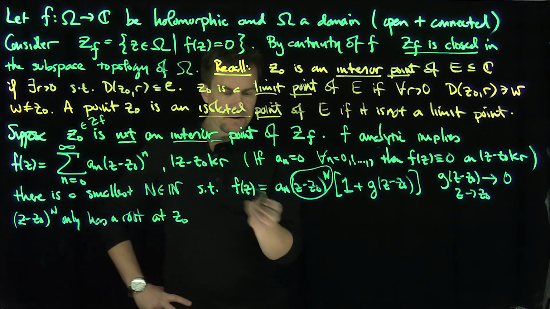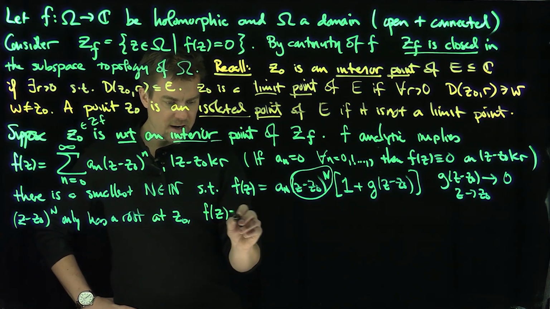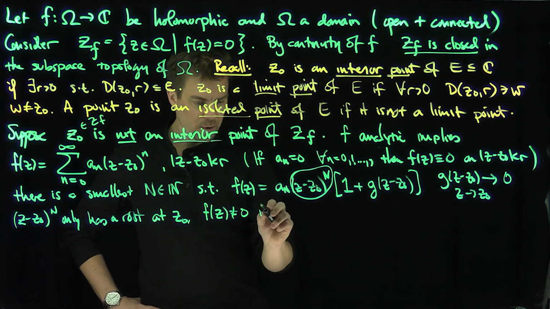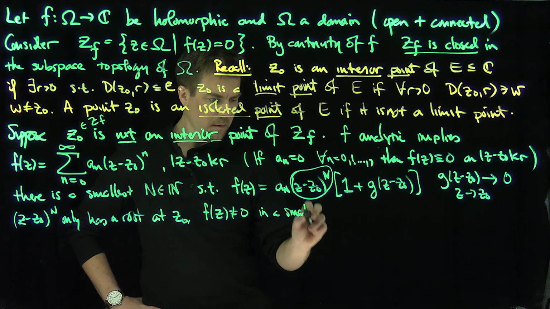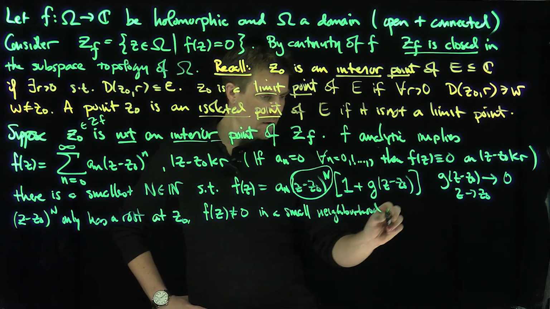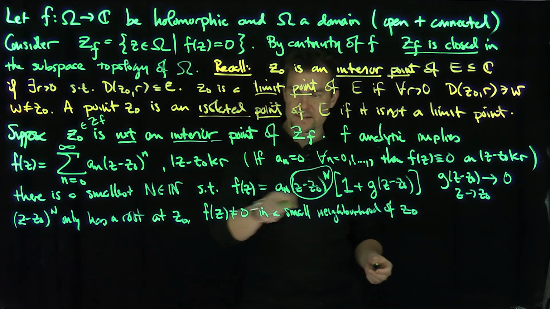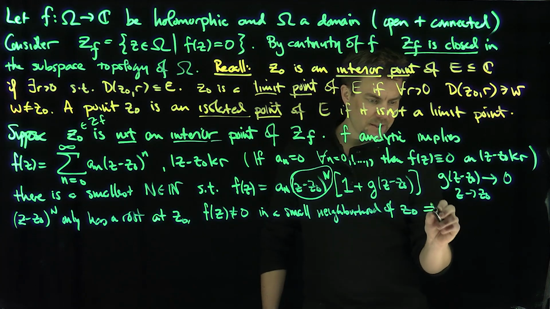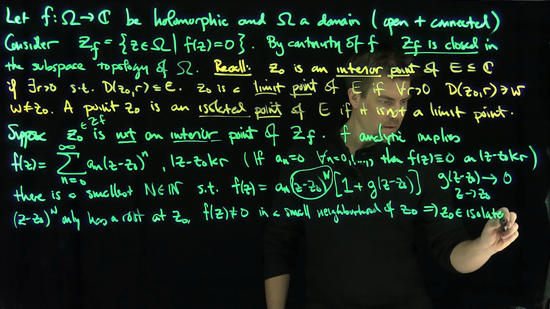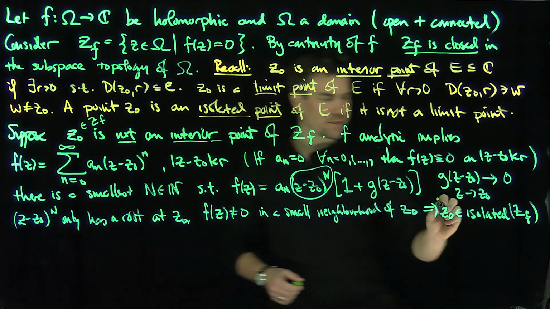And this implies that f is not 0, so f of z is not equal to 0 in a small enough neighborhood of z0. And what does it say? It says if you're not an interior point, then this z0 is isolated. So z0 is an isolated point of the zero set.